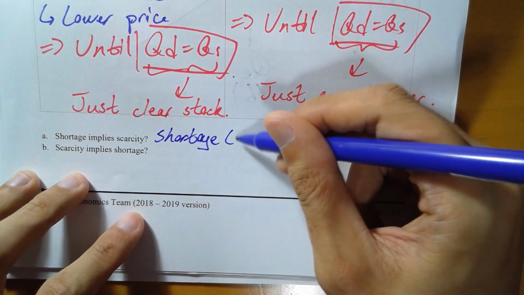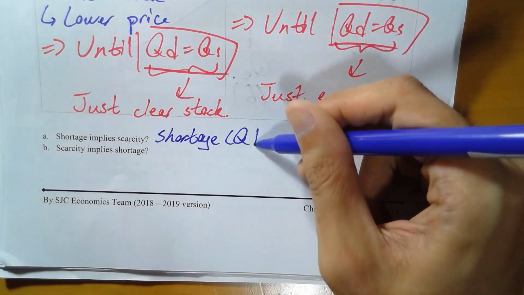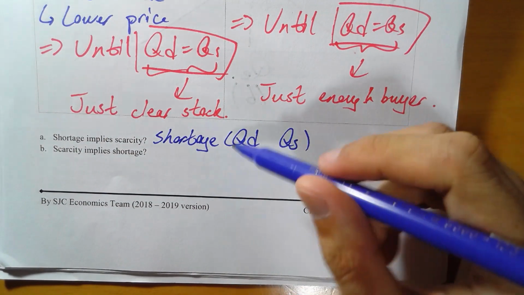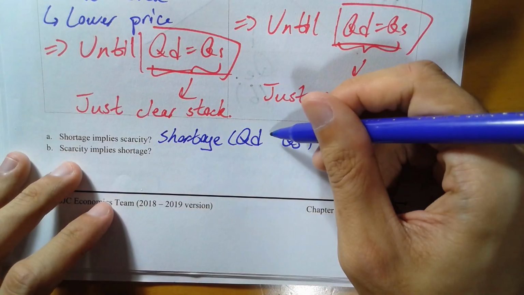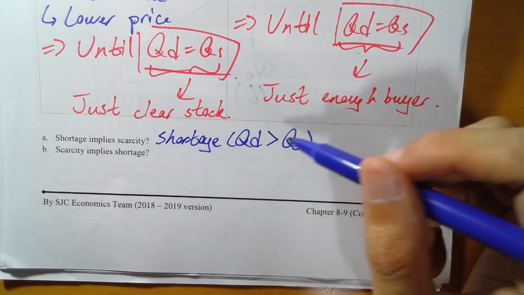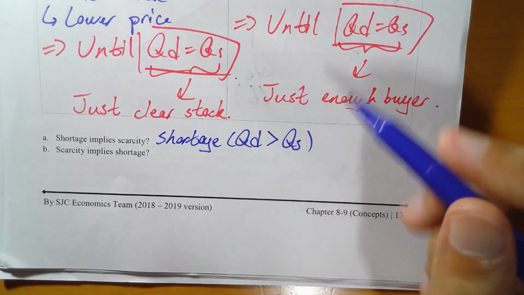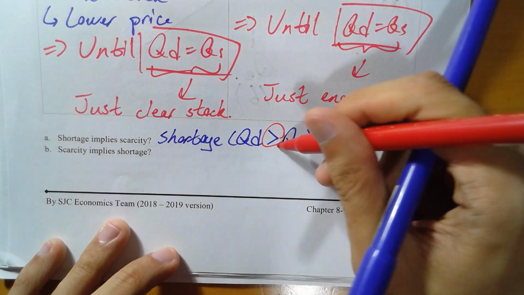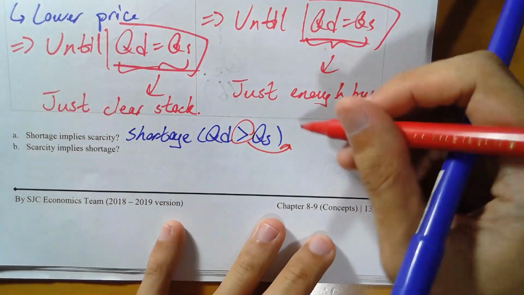Shortage means when QD 大個定細個啊？記唔記得啊？Alright, shortage 唔夠啊嘛，meaning QD is bigger than QS。好多人想要，但係攞唔到啦。So since you see bigger here, it actually implies something.